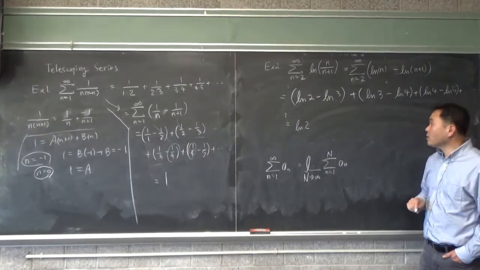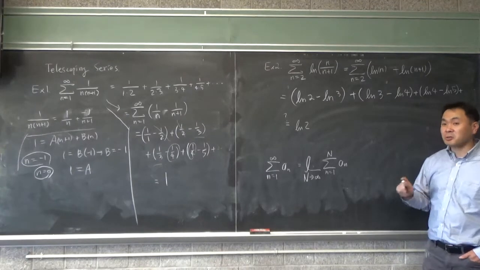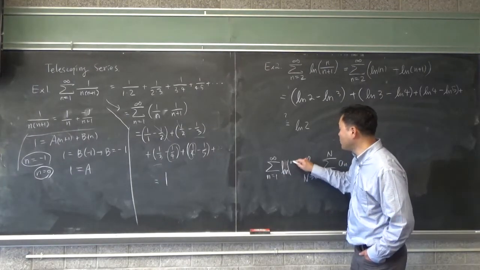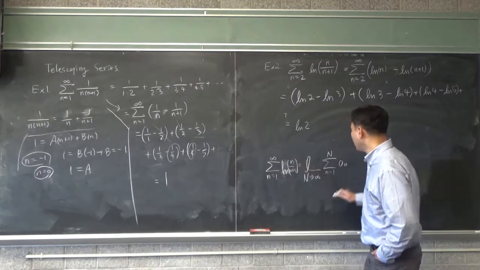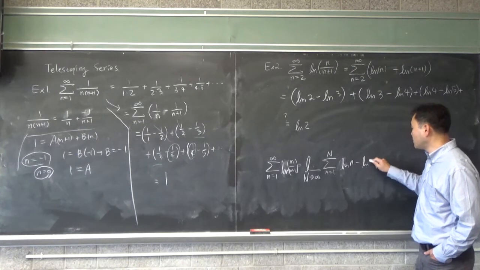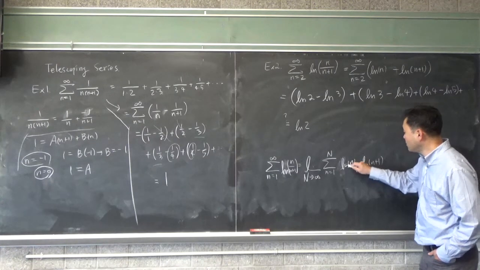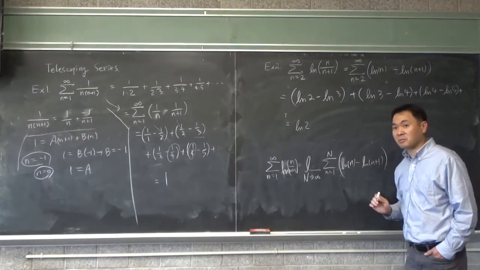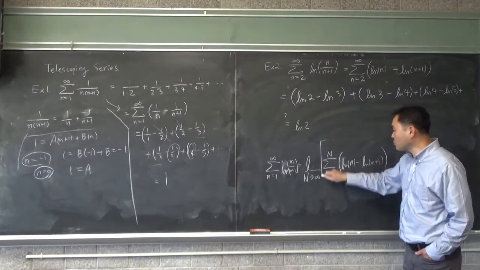And therefore, to really know what's going on, ln of n over n plus 1 has to be written as ln of n minus ln of n plus 1, but you want to only calculate the partial sum and then take the limit.